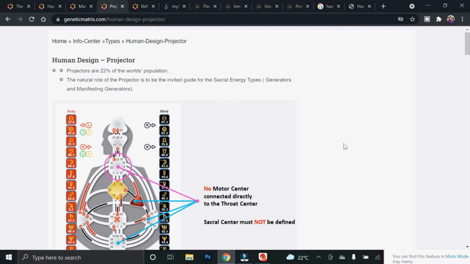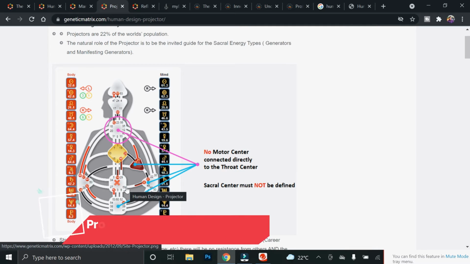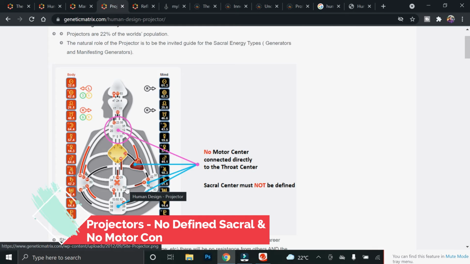So next, we come to the projector. Projectors will not have a defined sacral, which represents the life force energy. Hence they lack this sustainable energy, unlike the generators and the manifesting generators. Plus, they do not have a motor connection to the throat.